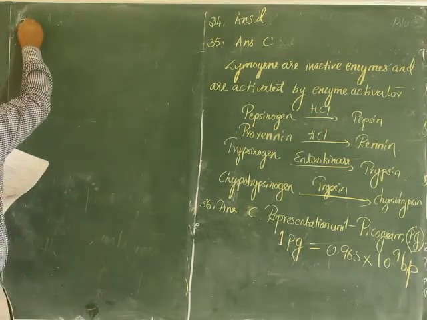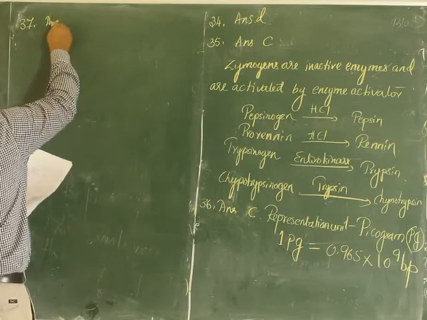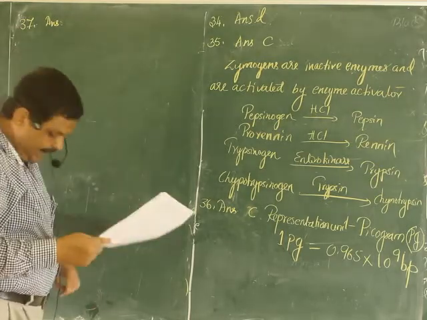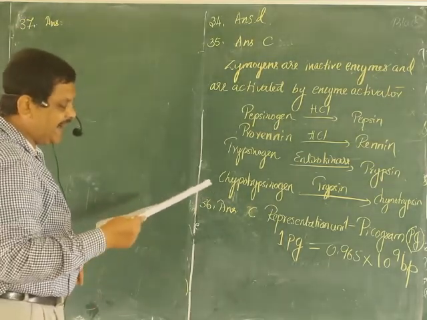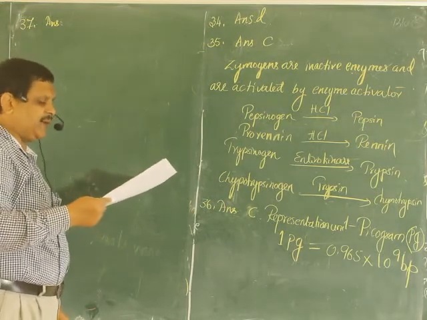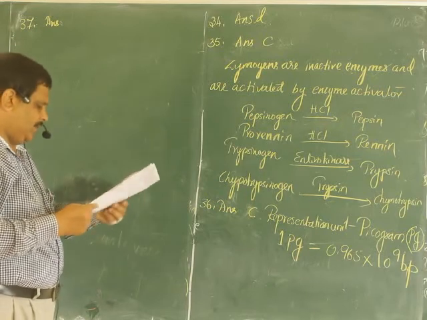Different types of DNAs are there: A DNA 11 base pairs per turn, B DNA 10 base pairs per turn, C DNA 8 base pairs per turn, Z DNA 12 base pairs per turn.